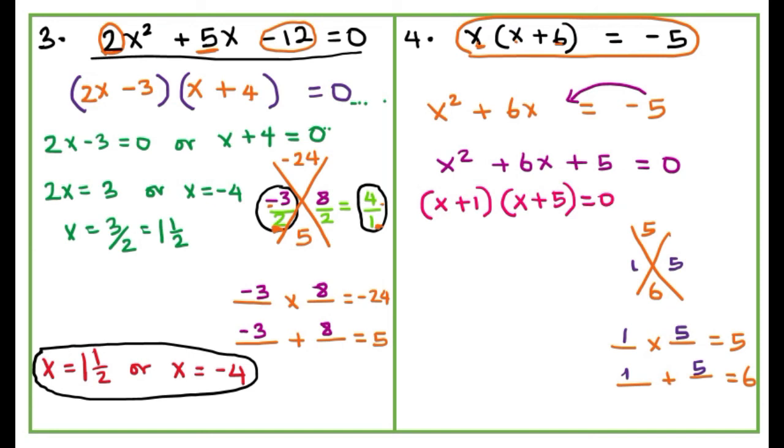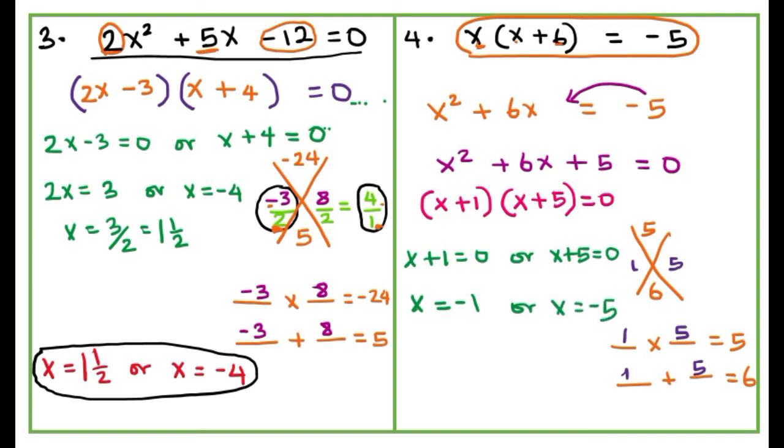So this means that x plus 1 equals 0, or x plus 5 equals 0. And then x equals negative 1, or x equals negative 5.